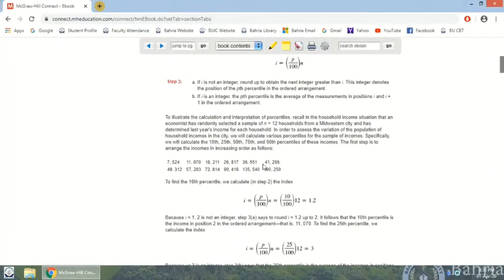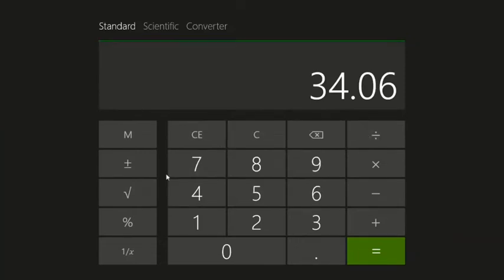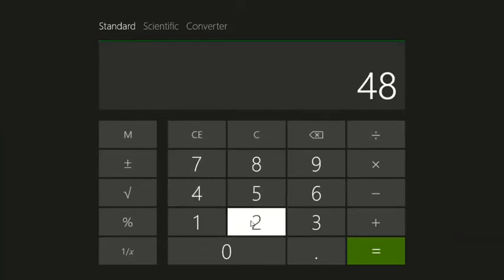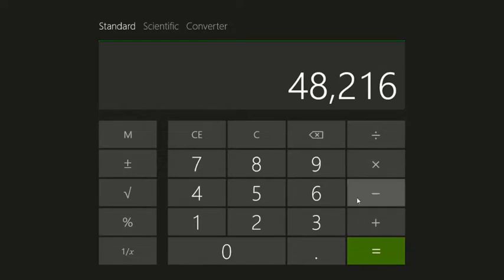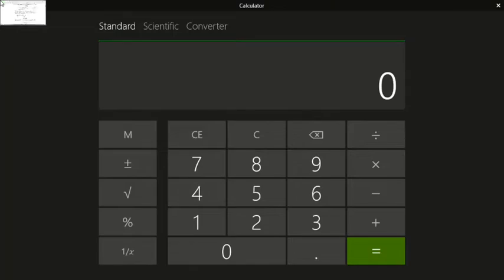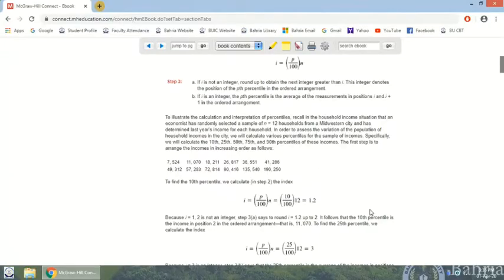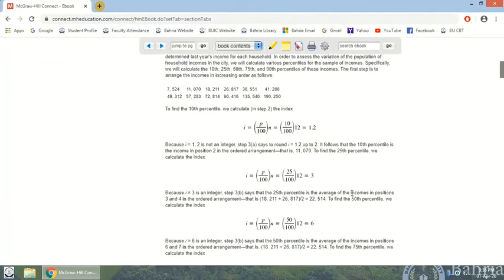You're supposed to have an average of 48,216 and 49,312, and then you divide by 2, and you get 48,764. So just remember this: 48,764, and this is not 22,514. This is just a typo, I think it's just a misprint.